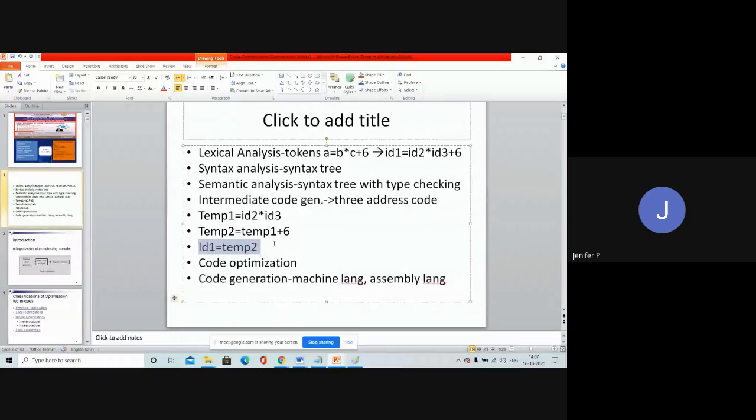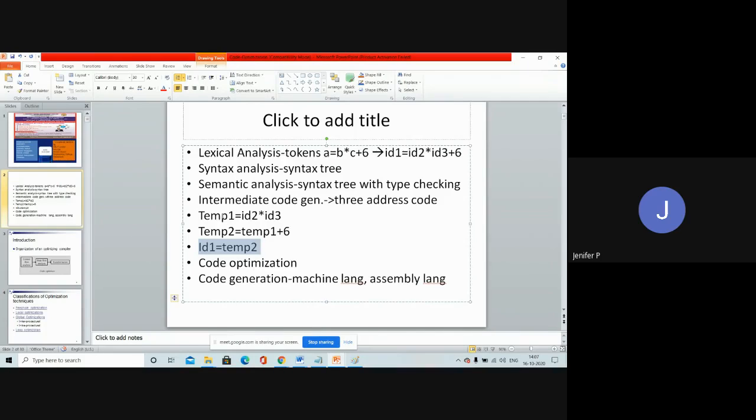So temp1 flows from the first statement to the second statement, and temp2 flows from the second statement to the third statement. This is what we call data flow. So the main concept of code optimization is data flow analysis. If you know how the data flows from one point to another in the program, then only can you reduce the code.